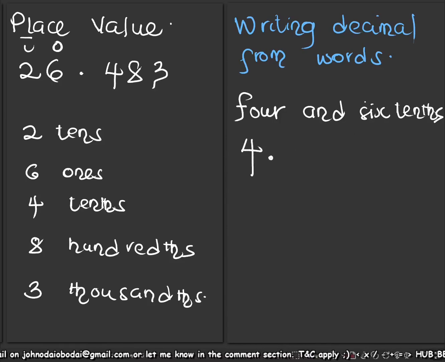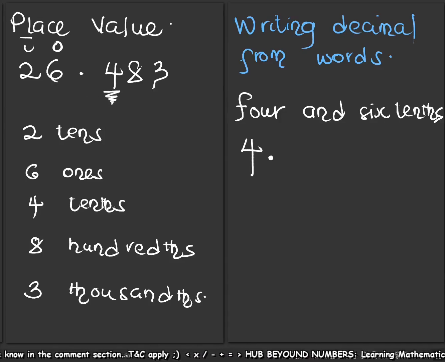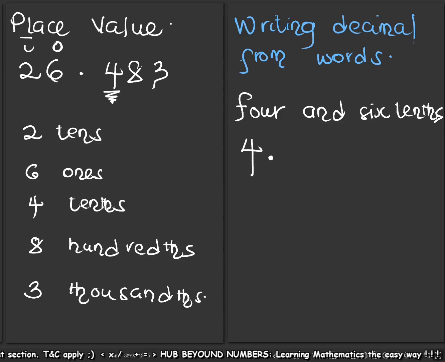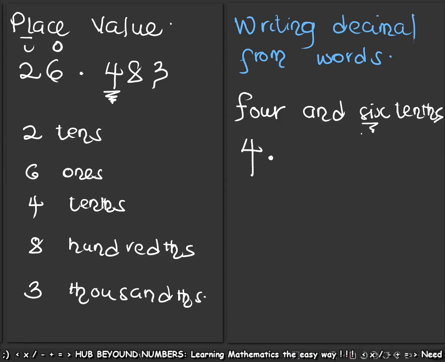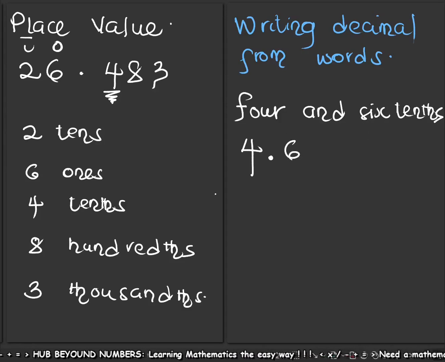Now it is saying there are 6/10, and we know the tenth is from the place value system of decimals. It means there's only going to be one digit at the fraction part, and that is 6. So 4.6, as simple as that.